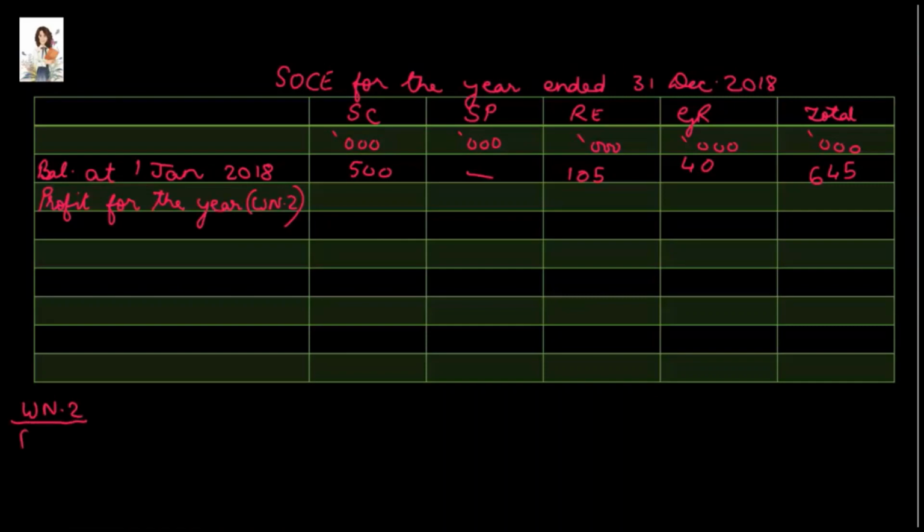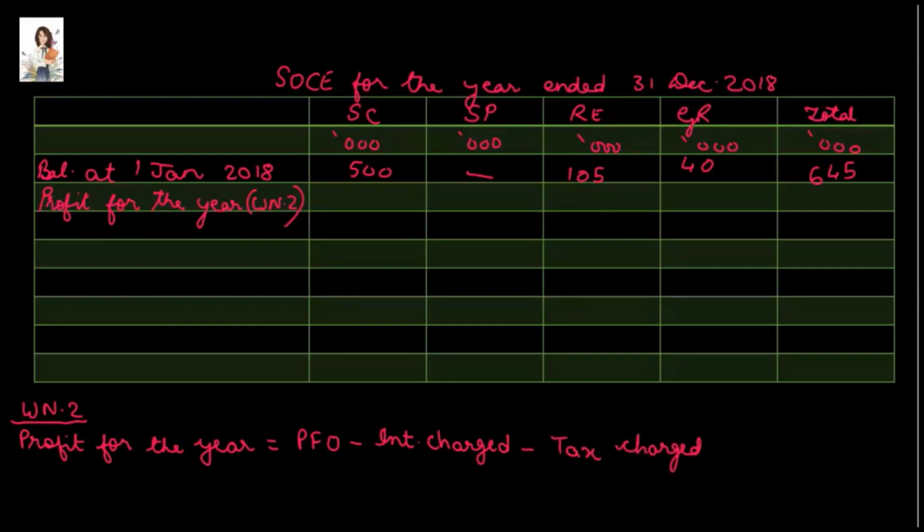We know that profit for the year is equal to profit from operations minus interest charged in the year minus tax charged for the year. We know that profit from operations is 288,000. Let us find out the interest and tax charged for the year.